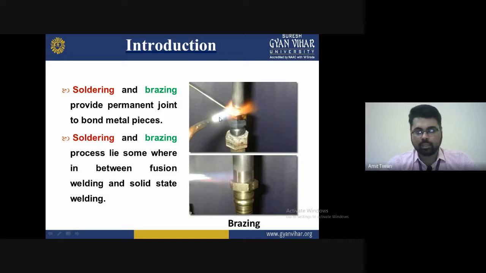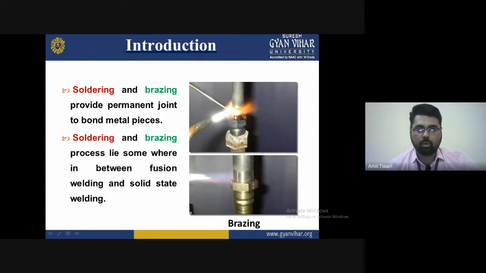By the help of this oxygen ethylene gas, the electrode melts and joins the metal where we want to join. It is very common and now very popular, because you can join very small particles or a very large number of particles with soldering and brazing. It is a permanent way, and this is a new technique adopted nowadays.